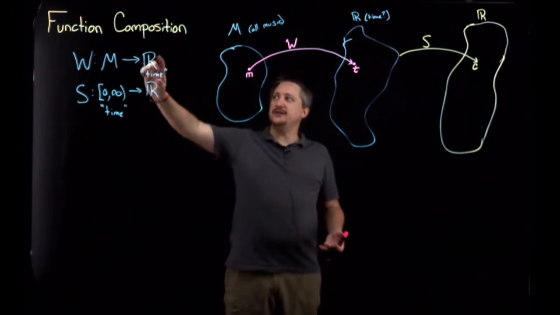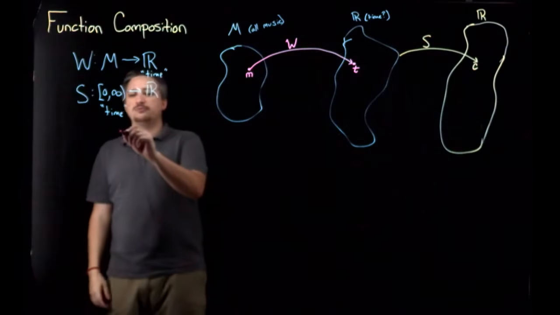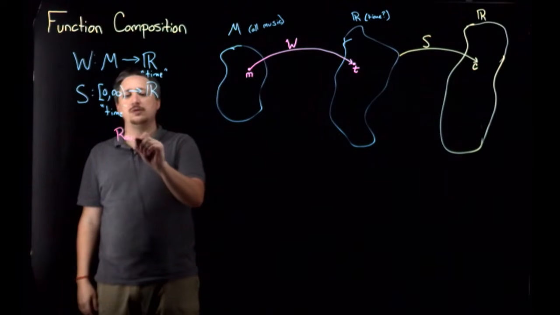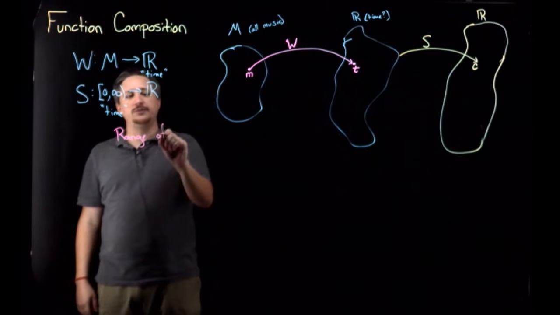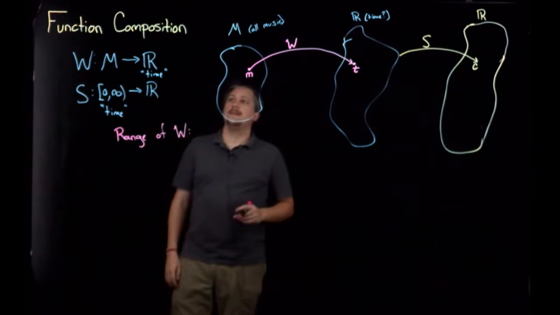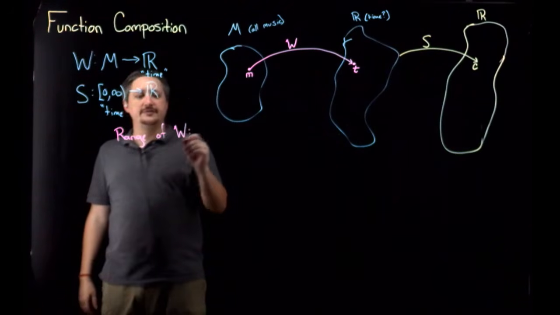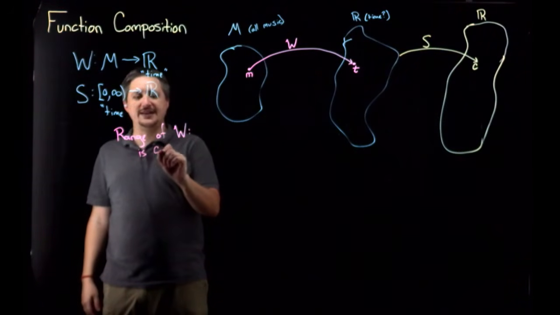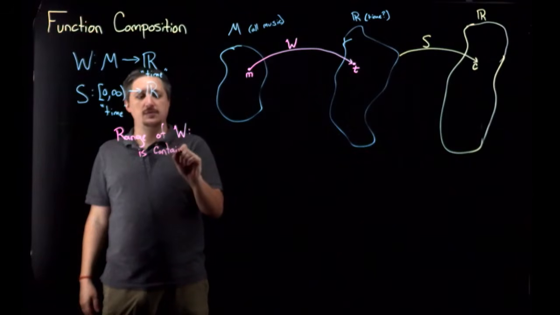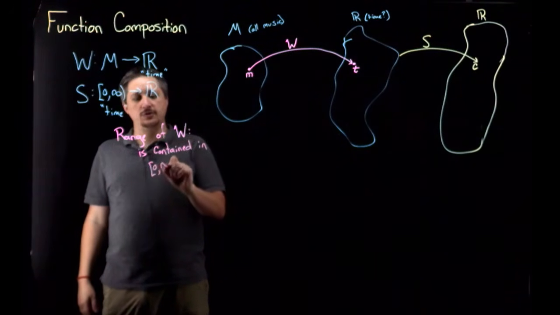So the output here, even though its type is a real number, its codomain is a real number, the range of w is, I'm going to actually just say, contained in 0 to infinity.